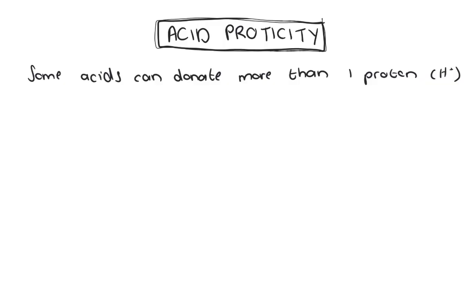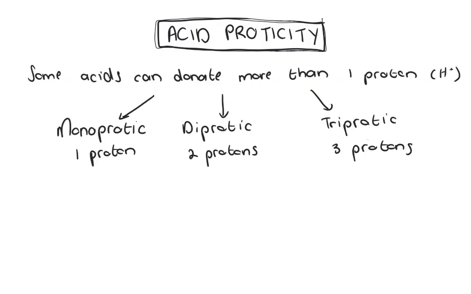Okay, so acids donate protons, but some acids can donate more than one proton, and we call this proticity. So when I have an acid that can only donate one proton, we call that monoprotic. If it can donate 2 protons, it's diprotic, and if it can donate 3 protons, it's triprotic. So if I look at, for example, sulfuric acid, it has 2 hydrogens that it can donate. If I do that step by step, first it gives away 1 proton to my water, and then it forms HSO4 minus, and the hydrogen that connected to the water then forms my hydronium.